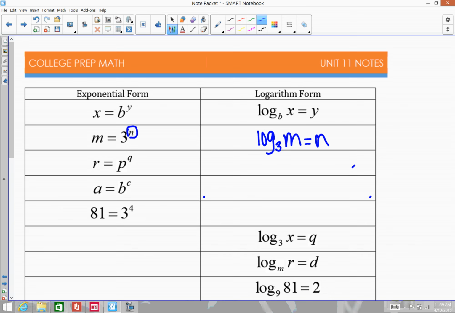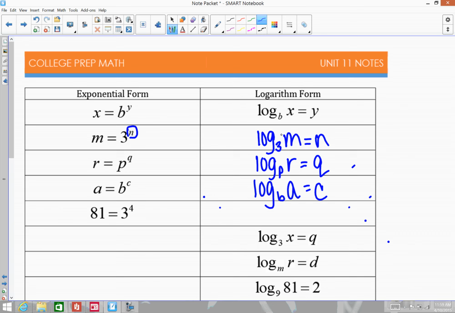So for this next one, my base is p. I'm taking the log of what I got out, and the log always equals the exponent, because that's really what log means. Tell me the exponent needed to raise this base to get whatever I'm taking the log of. So this next one, the base is b, taking the log of a so that you can see what the exponent is.